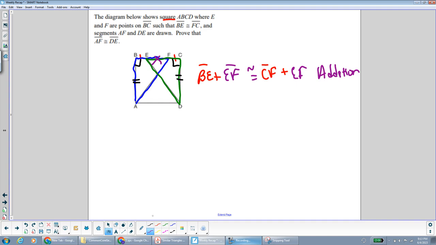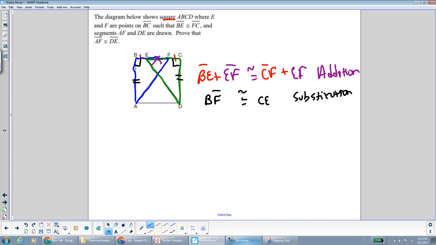And then after that, I would say BE plus EF is BF, and CF plus EF is CE. And that's by substitution because we're replacing the addition with what it actually is, with something that means the same thing.